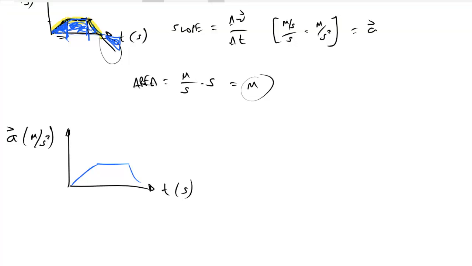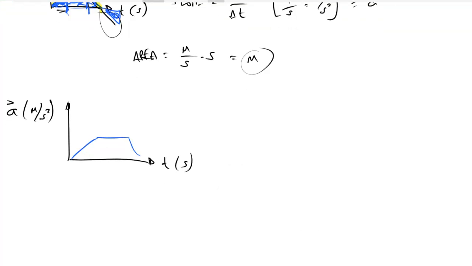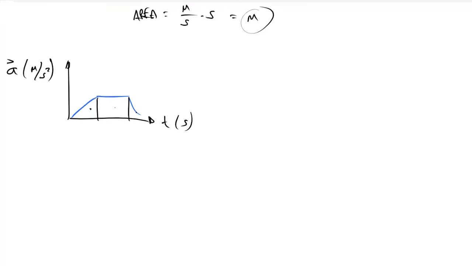But nonetheless, we can still look at the area here. If I have a similar composite shape, two triangles and a rectangle, the area under an acceleration versus time graph would have units of meters per second squared times seconds, and this is equal to meters per second.